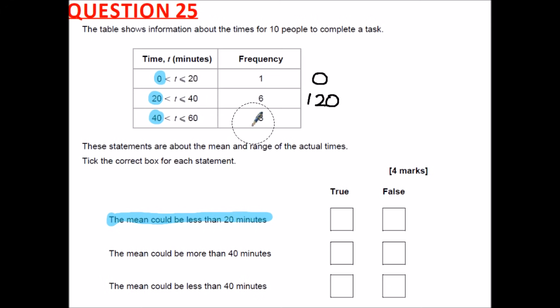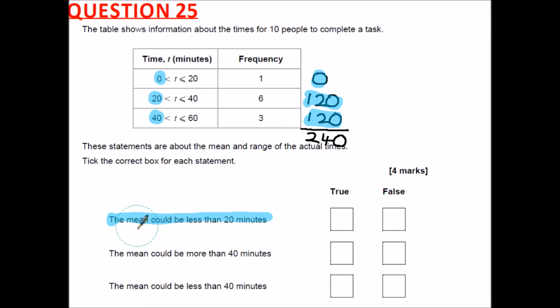And if these 3 people only took 40 minutes, then 3 times 40 again would be 120. So the grand total of times would be 0 plus 120 plus 120. Add up all these numbers and you would get 240. And so the bare minimum total time will be 240 minutes.